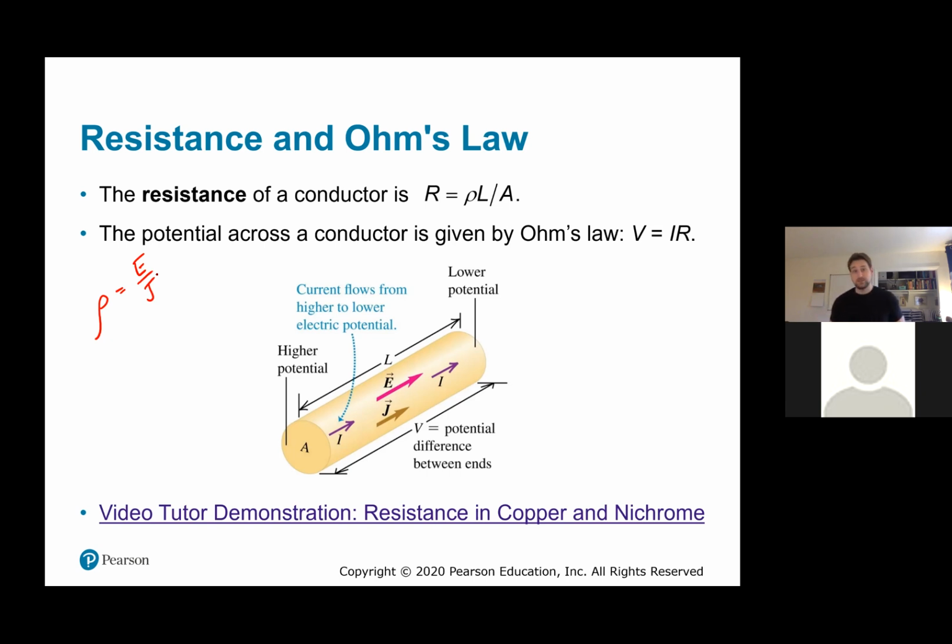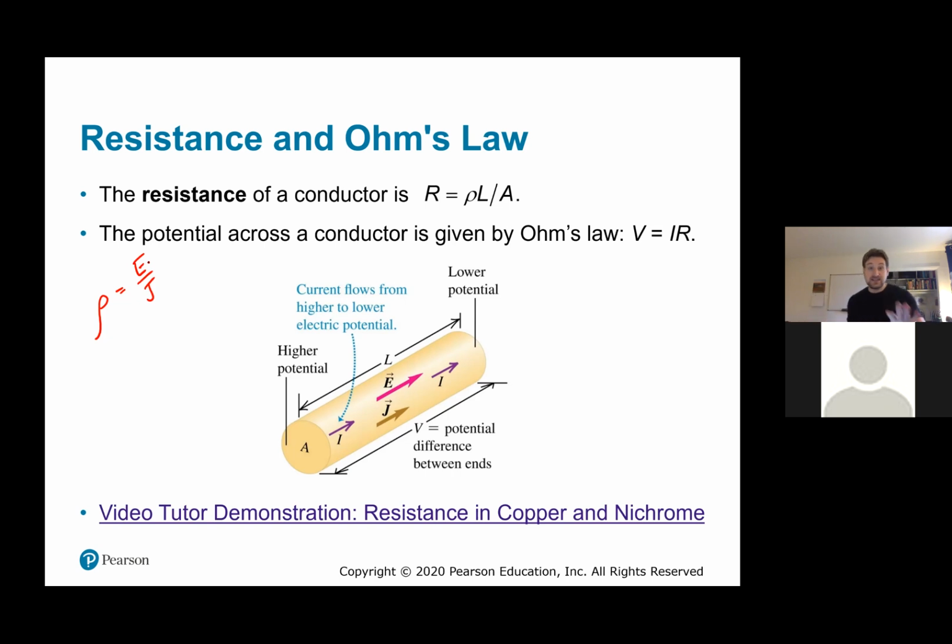Not every material evidences that linearity. Sometimes the relationship is much more complicated. Maybe the resistivity isn't constant. In other words, this is not a constant of proportionality, but there's a relationship between E and J that depends on a whole bunch of other factors.